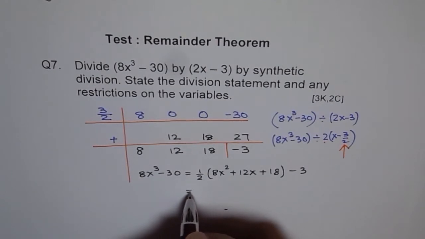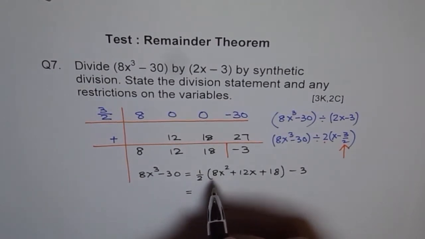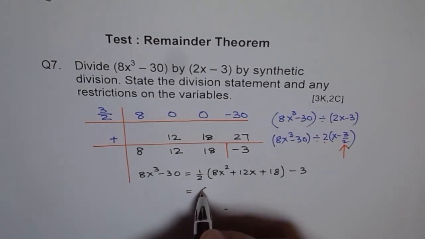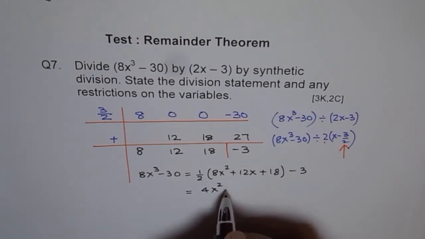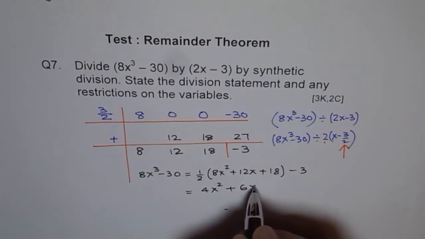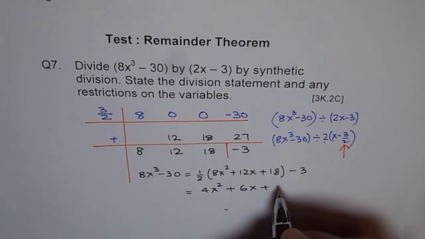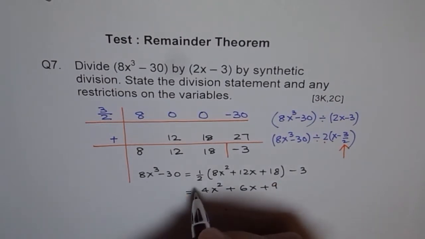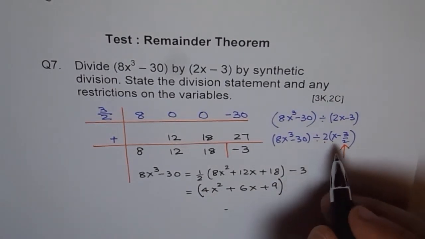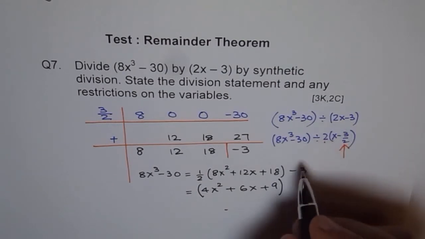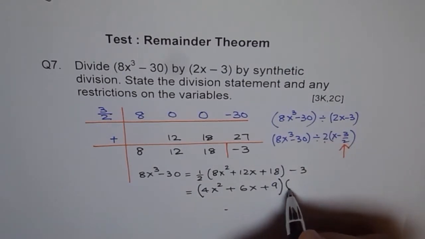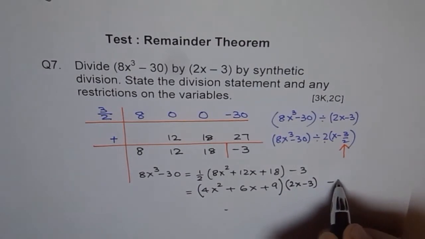So I could write this as, when I multiply half by 8, I get 4x squared plus 6x plus 9, times 2x minus 3. Sorry, I forgot to write this, 2x minus 3. Minus 3.